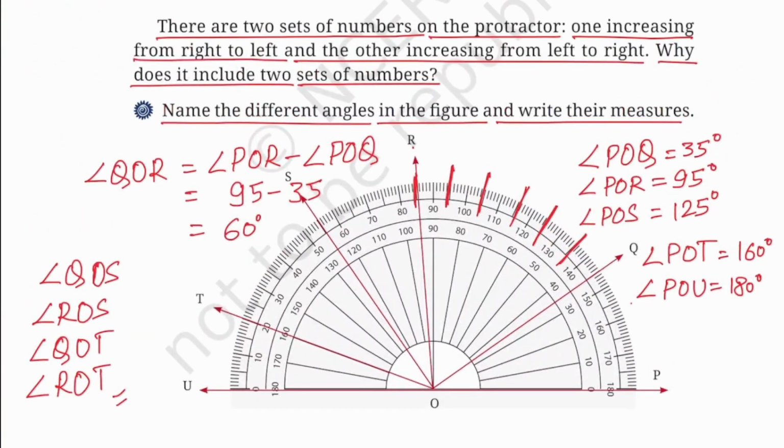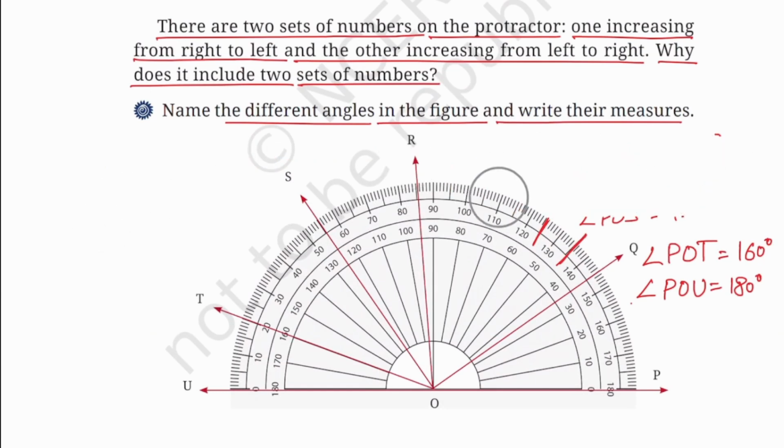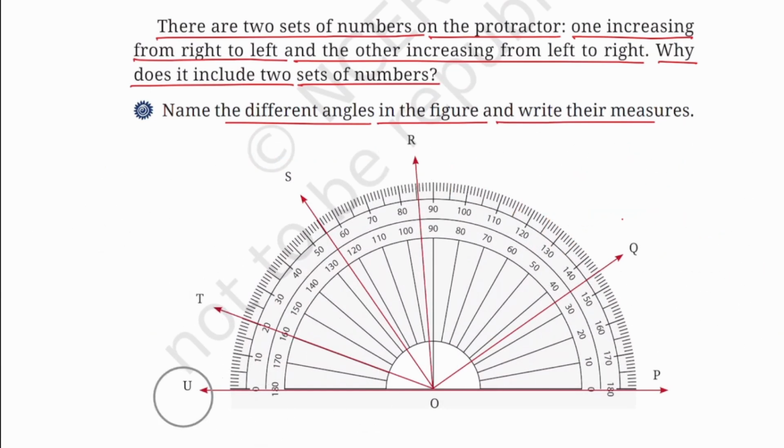If you have to measure angle TOS, you can see the angle from here to here is 55 and from here to here is 20.